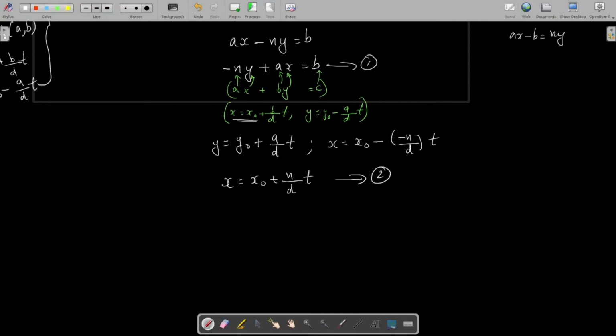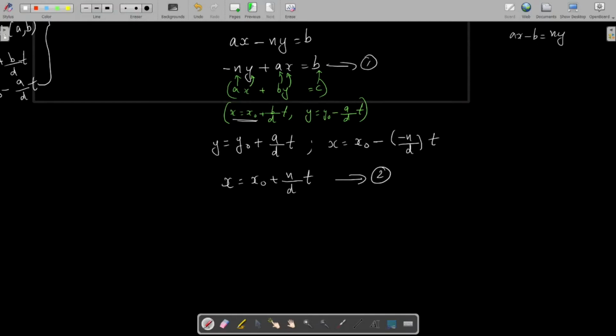Now it is given that there are exactly d mutually incongruent solutions. If we give different values for this integer t, we will get different values for x. Likewise, there are infinitely many solutions. But the theorem says that among those solutions, only d of them are mutually incongruent, and all other solutions are congruent to one of those d solutions.